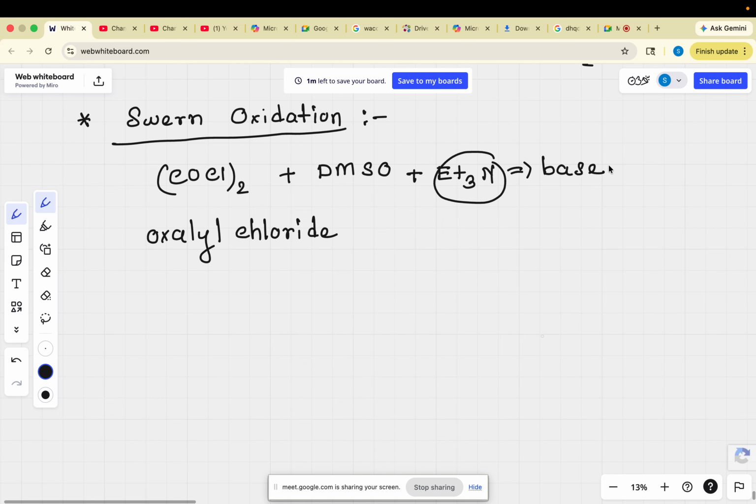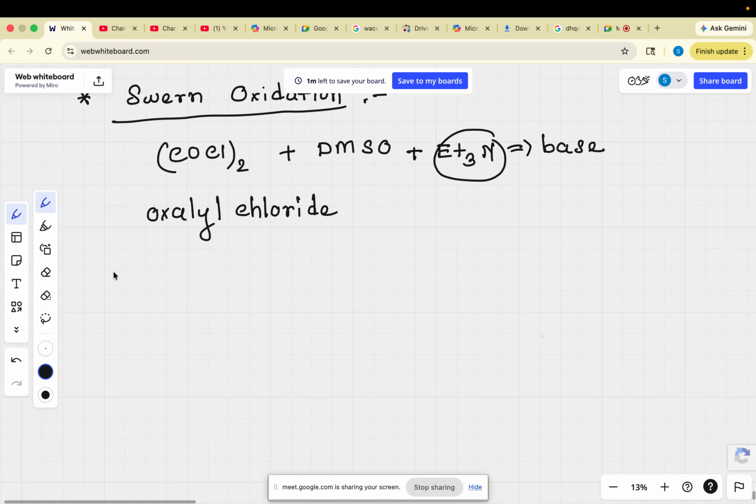This is a base. Now write down that in presence of base, oxidation will happen.